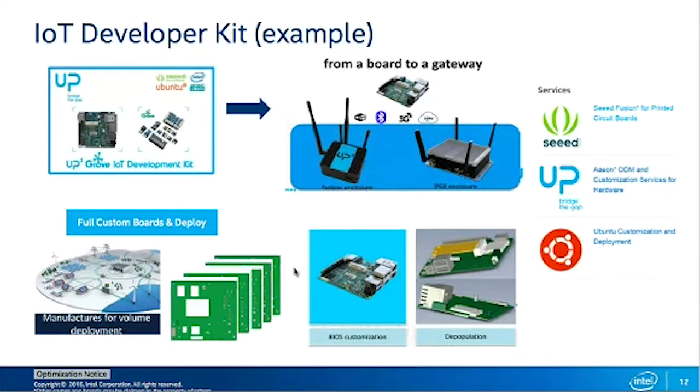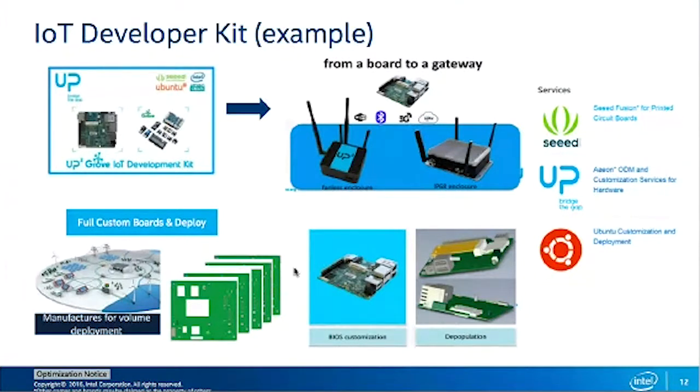And then you need to worry about depopulation, BIOS customization, and manufacturing that product in volume. So for most or almost all developer kits that we are working on, we are bringing together the industry partners. Like in this case, we got Aon, which is doing the Subsquare board. We got Seed.